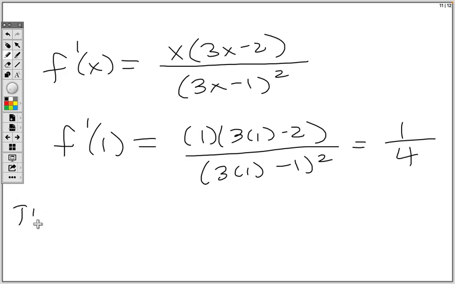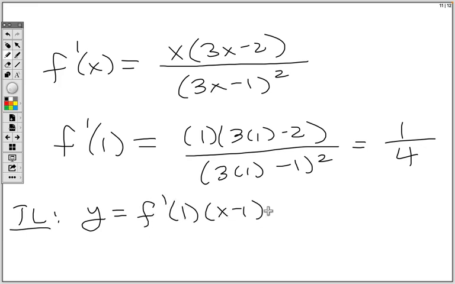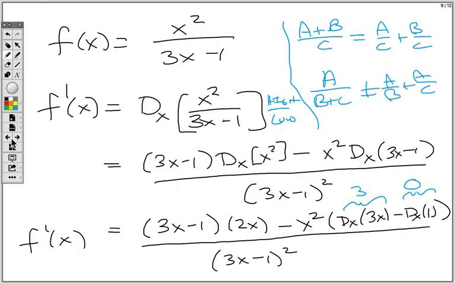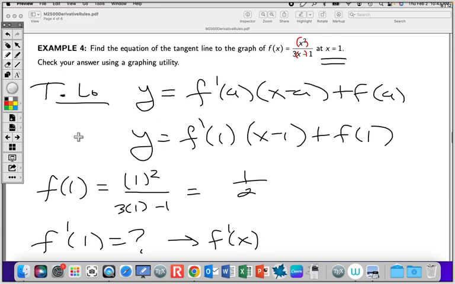So circling back to my tangent line, the tangent line at x equals 1, y equals f prime of 1 times x minus 1 plus f of 1. F prime of 1 is a quarter times x minus 1. And f of 1 was a half.